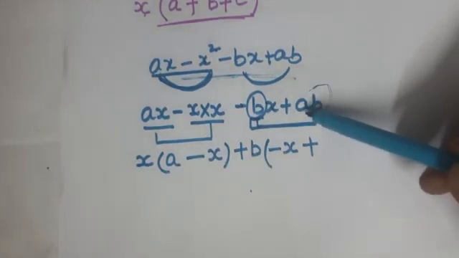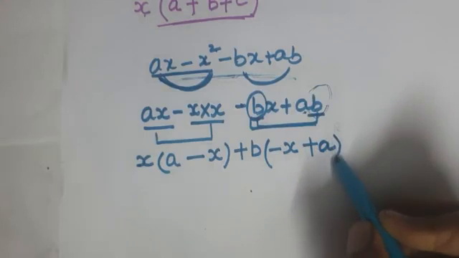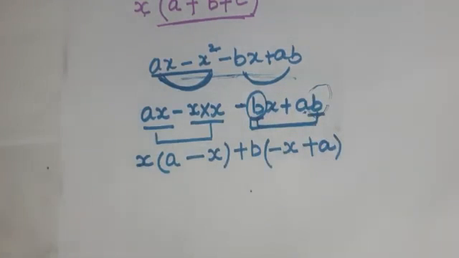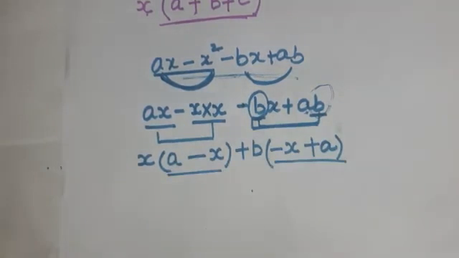So, what is left? a. Now, very important step. After taking common from both the pairs, you have to see this. These two brackets, are they the same? Yes, they are exactly the same.